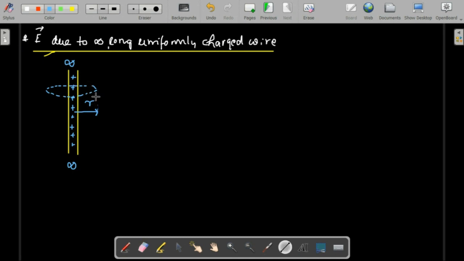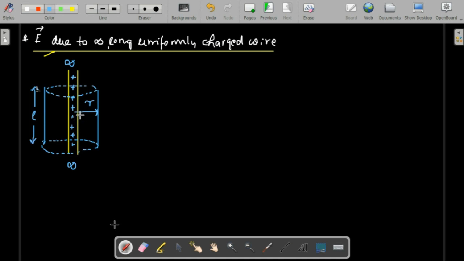If I take a line here, this is the imaginary Gaussian surface that we are drawing. If we have a line charge, the only surface possible around it which will be symmetrical in nature is a cylindrical Gaussian surface. So this is my Gaussian surface. Now what will be the dimension of the Gaussian surface is totally my choice. So let me say that the length of this Gaussian surface is L.